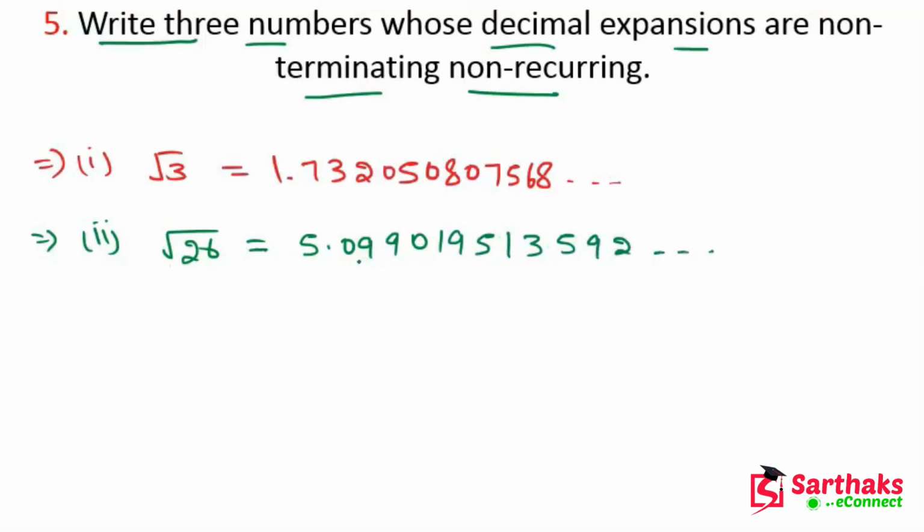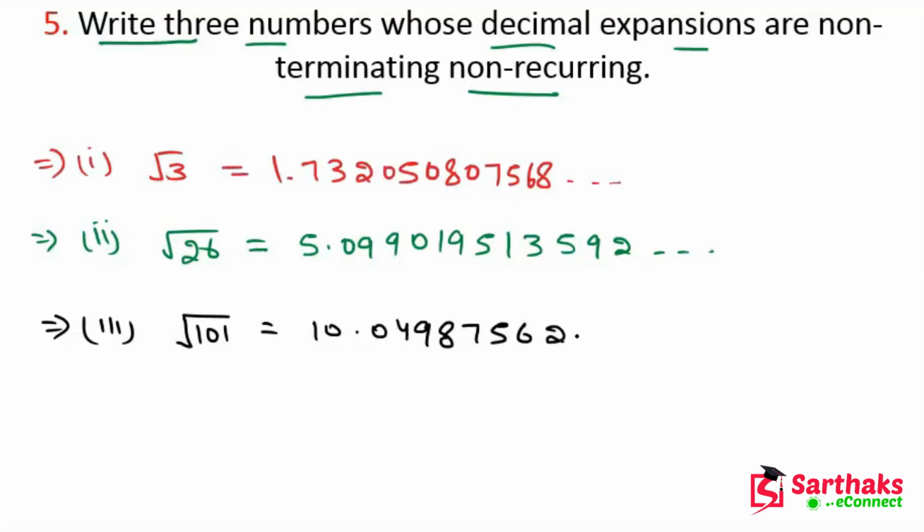Again this is non-terminating and non-recurring. Now let's see the third example, which is under root 101. If we see the decimal expansion of this number, we get 10.049875621112 and so on. I hope you understand these things.